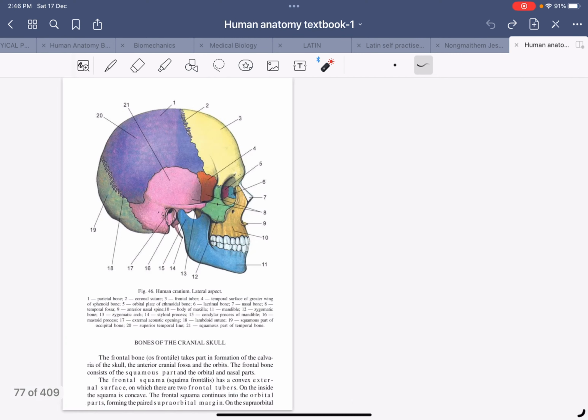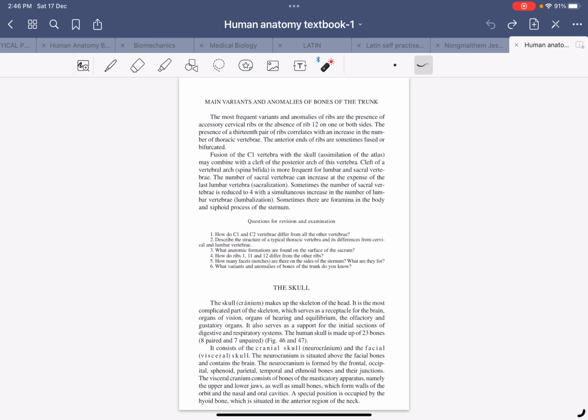I've just transferred my file into GoodNotes to make it feasible to teach.